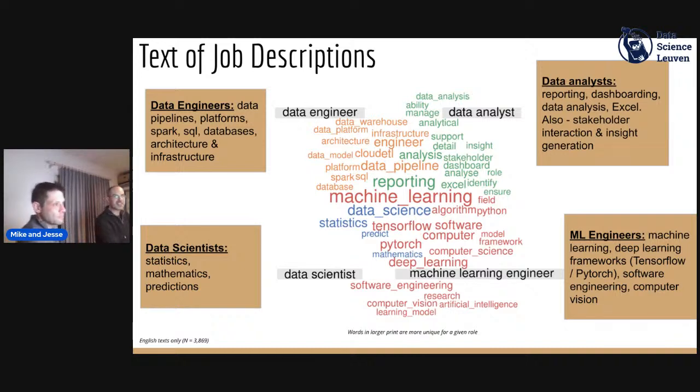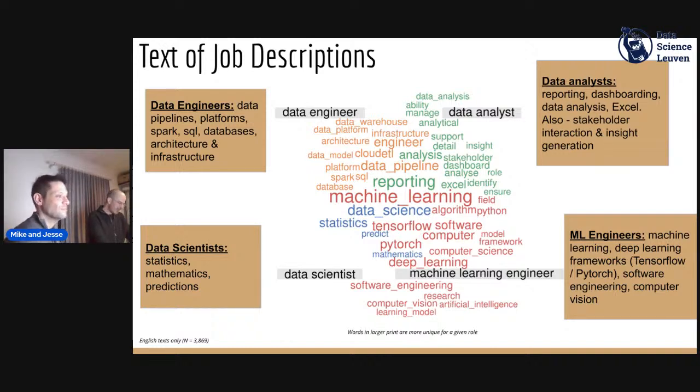Yeah, it's interesting. Computer vision is something else that comes out that we didn't necessarily see in the skills. And I also think, just to complement what Jesse said, it's interesting to see that for the data analysts we see stakeholders, interaction, insights, right? So again, we get the sense that if anybody has to talk to the business among the different roles, it might be the data analysts, at least according to the job descriptions.